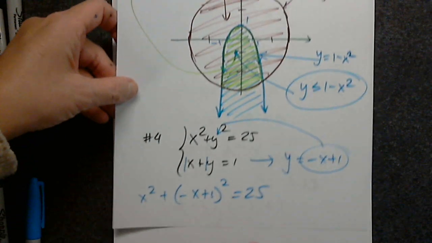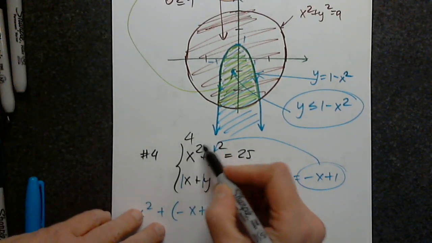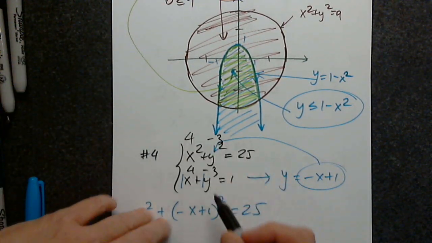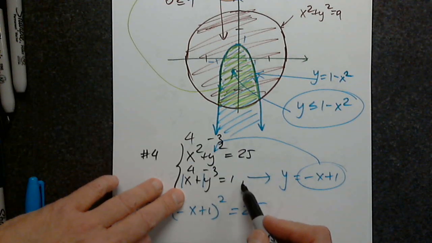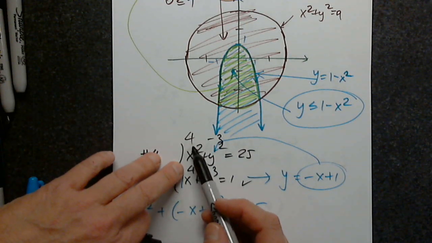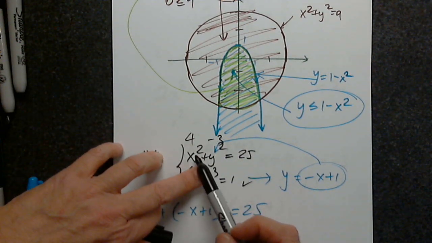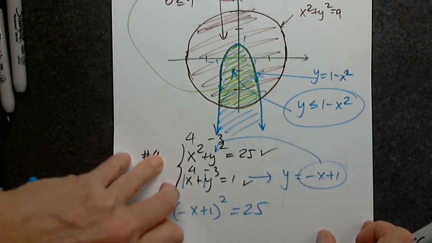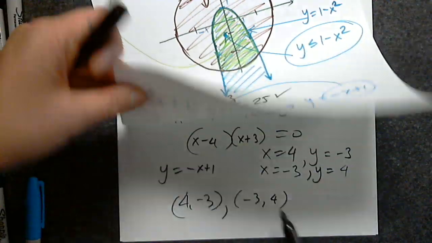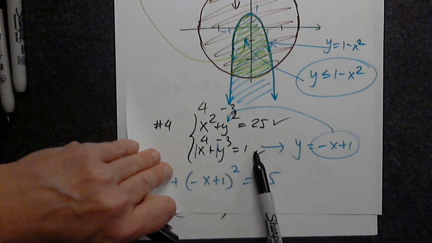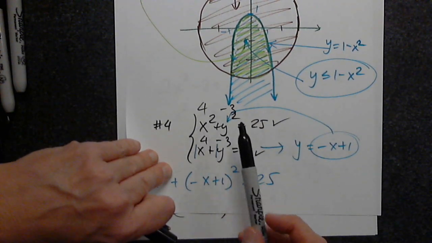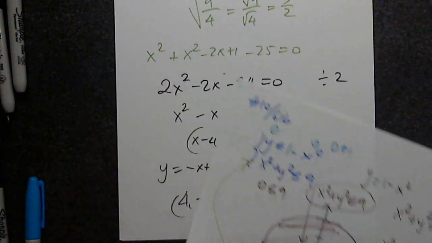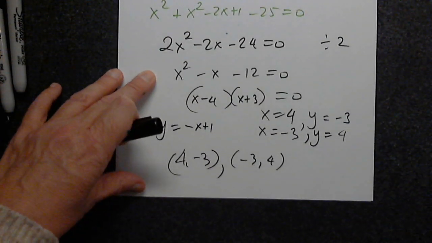I check 4, negative 3. 4 minus 3 is 1. Yes. 4 squared, 16. 3 squared, 9. 16 plus 9, 25. The other one was negative 3, 4. Negative 3 plus 4 is indeed 1, and negative 3 squared plus 4 squared is still 25. So yes for both.